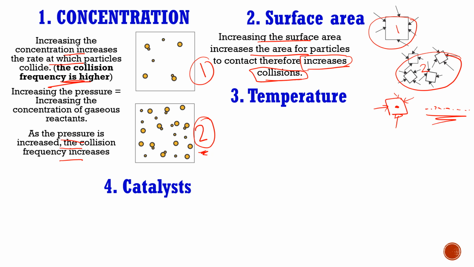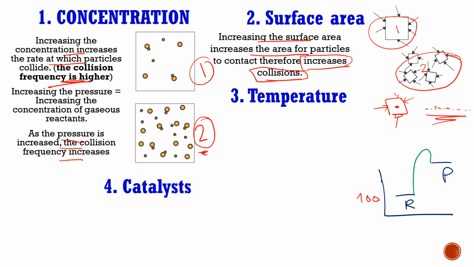Number three, temperature. When we speak about temperature, we have to refer to our energy profile diagram. Let's say that here is the reactant and here is the product. This is representing the activation energy. Let's say that the energy of the reactants here is 100.